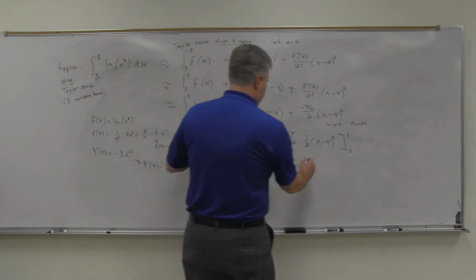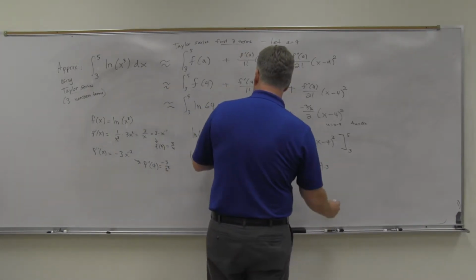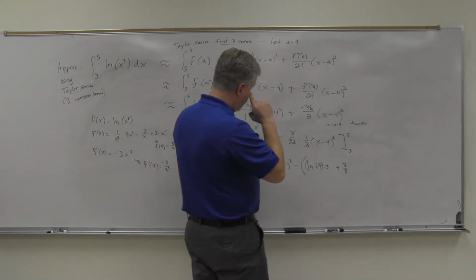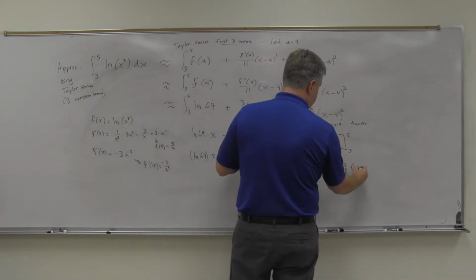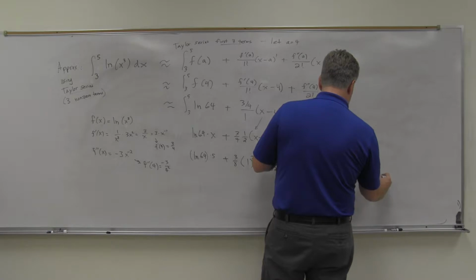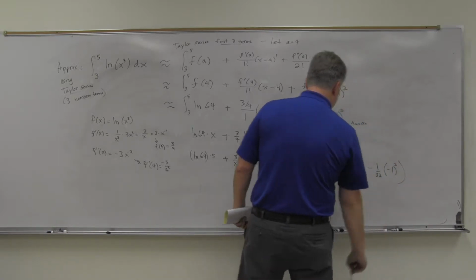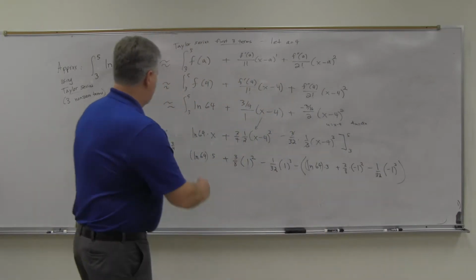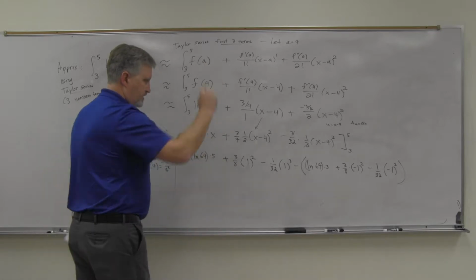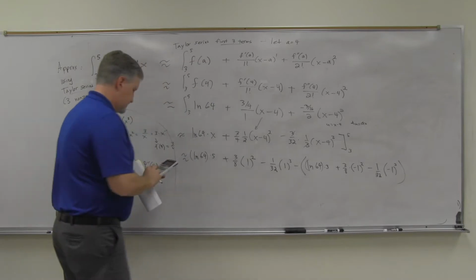So we'd have ln of 64 times 3, plus 3/8. Now you plug in 3, you get negative 1 squared, but that's still 1. And then here you get 1 minus 1/32, and negative 1 cubed, so there'll be a negative 1 there. So this integral is approximately whatever that is, which is not terribly nice, but it's just a number.